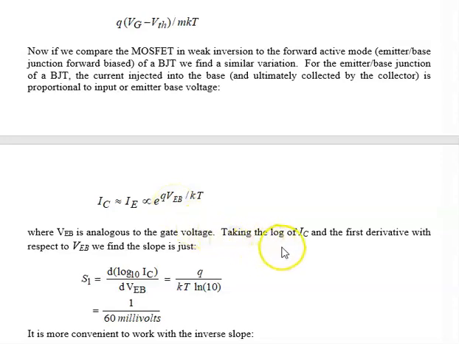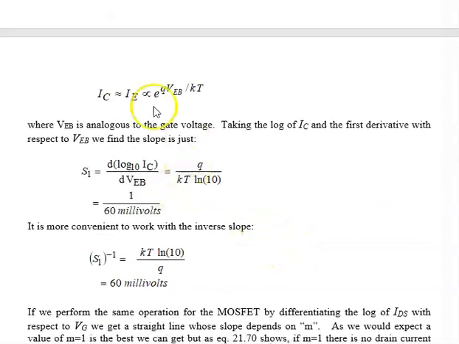But anyway, taking the log of I_C, it's pretty straightforward. Just bring down the coefficient, and we do the relatively simple algebra. And we find, as we must find, that we get 1 over 60 millivolts. And that, of course, is our very well-known number. If we take the inverse of that, we get 60 millivolts on top.